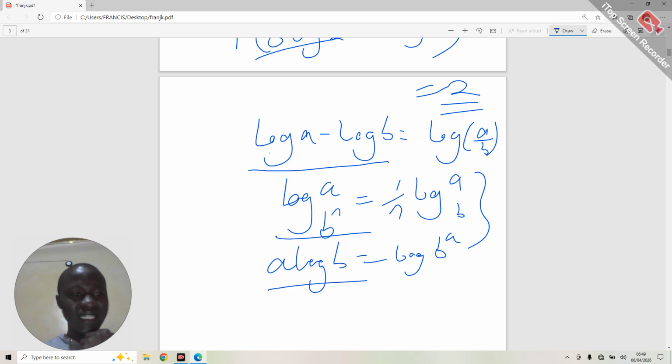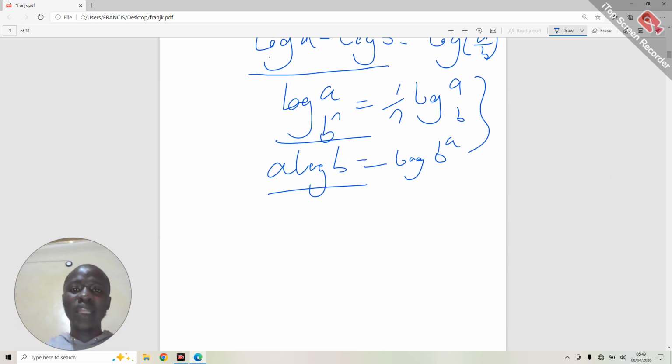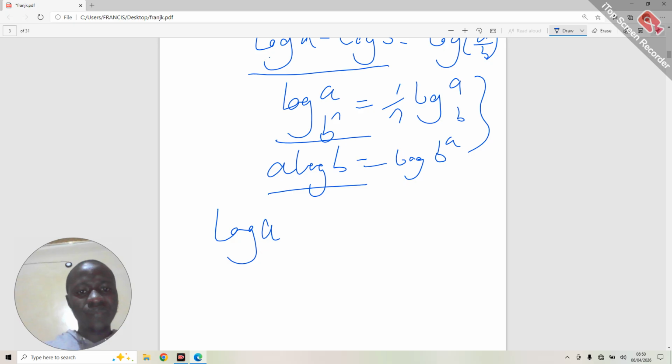But I've never seen a law that combines 3 logs. Maybe, for instance, something like this: you have log A plus log B minus log C.